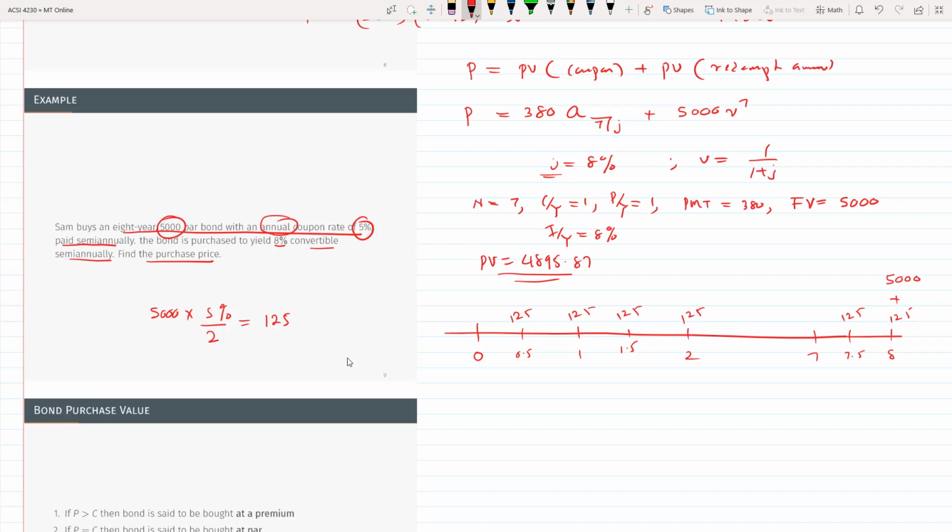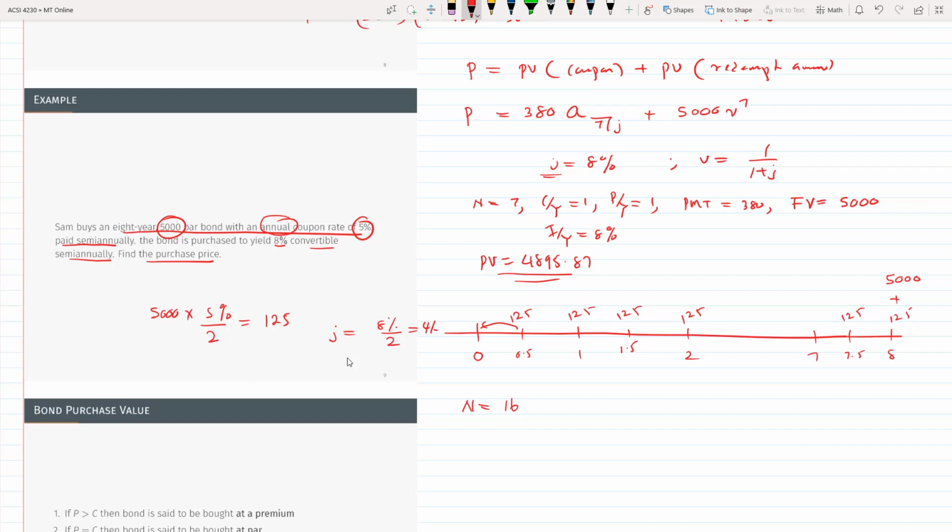The rate used to discount is 8%, but it is given as a nominal rate. So j for the coupon period is 8% divided by 2, which is 4%. Now let's use the calculator. How many payments are there? There are 16.